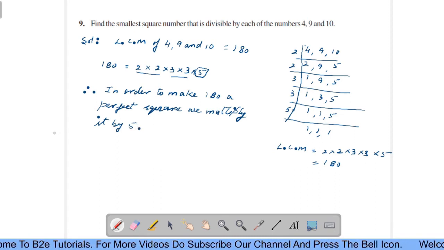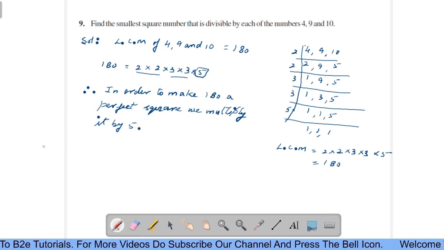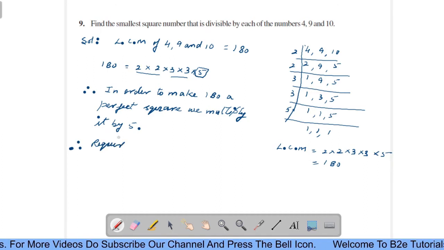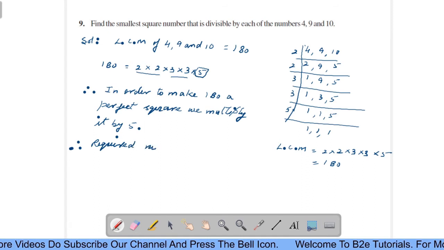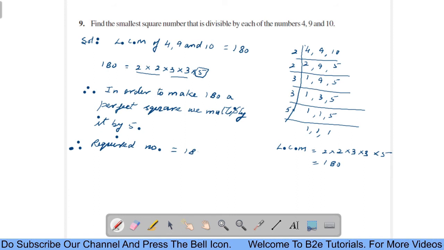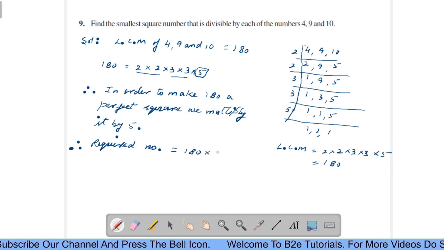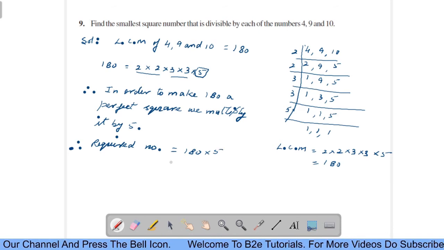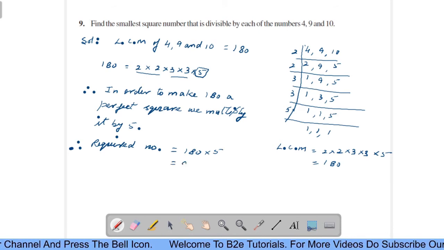Therefore the required number is equal to 180 multiplied by 5, that is 900.